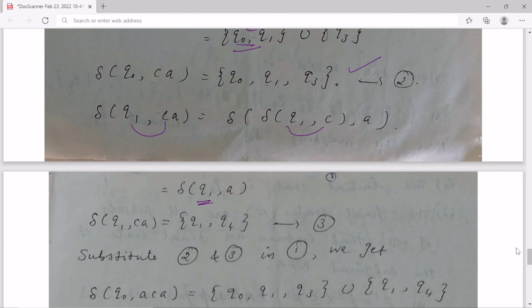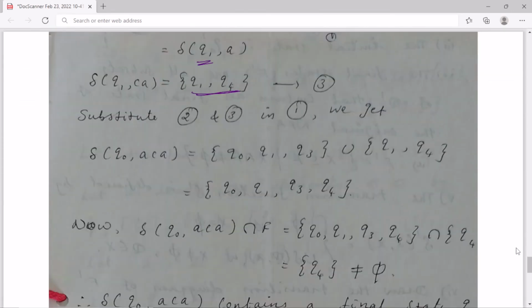Then Q1 comma A. In Q1 if you read A, you have 2 possible states, Q1 and Q4, right? This is from the transition table. Look at the transition table for your clear understanding. So now we have Q0 comma CA is Q0 Q1 Q3 and Q1 comma CA is nothing but Q1 Q4. We combine these two, that is take the union, that is Q0 Q1 Q3 Q4.